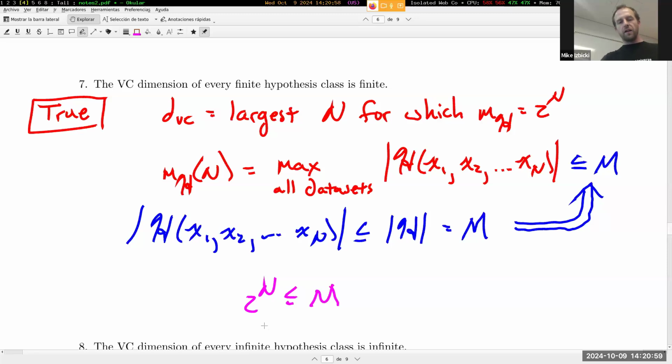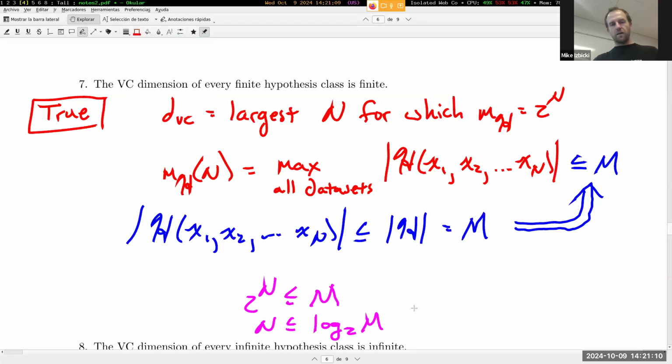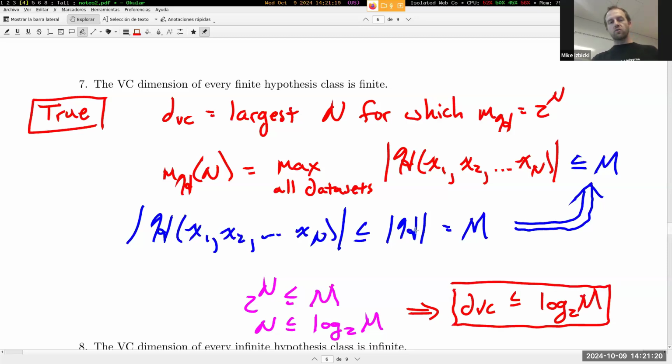Taking the log of this, we get that n is less than or equal to the log base 2 of m. And so our VC dimension, d VC, is going to be bounded by the log base 2 of m. And so we've actually proven a stronger thing than what this problem is asking for.